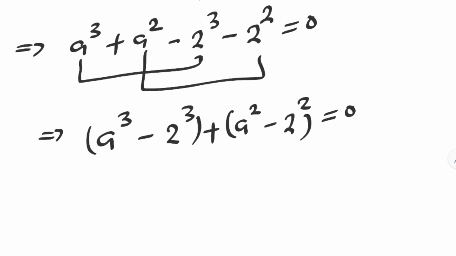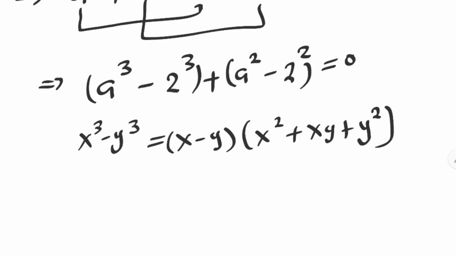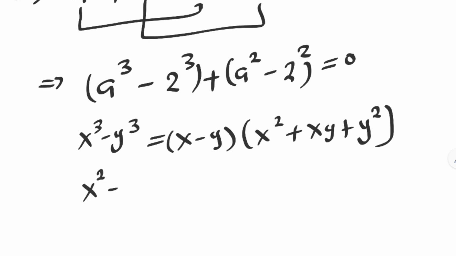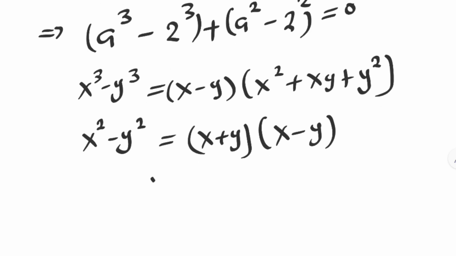Take note of this, that if you have x raised to power 3 minus y raised to power 3, this is equal to x minus y bracket x squared plus xy plus y squared. Then if you have x squared minus y squared, this is equal to x plus y bracket x minus y, where x is equal to a and y is equal to 2.